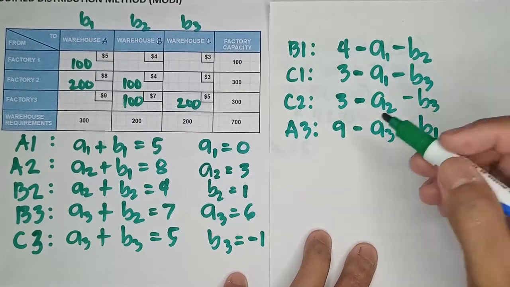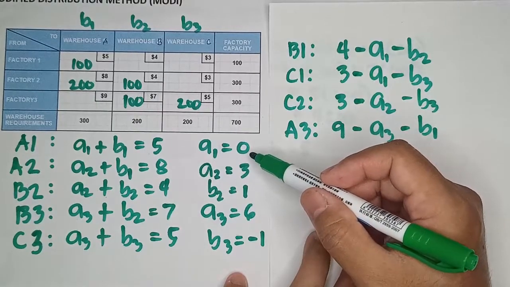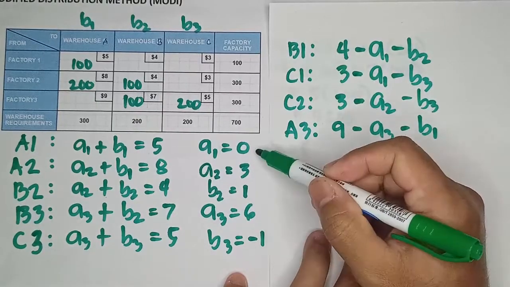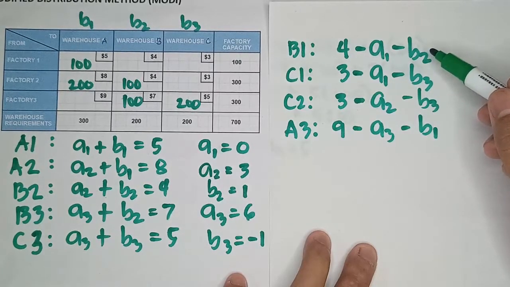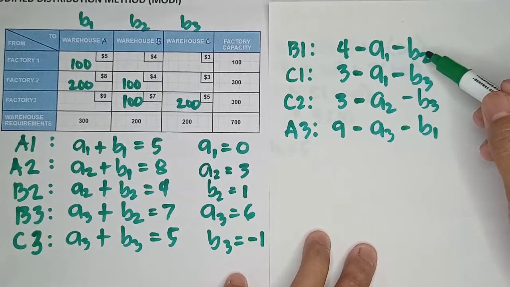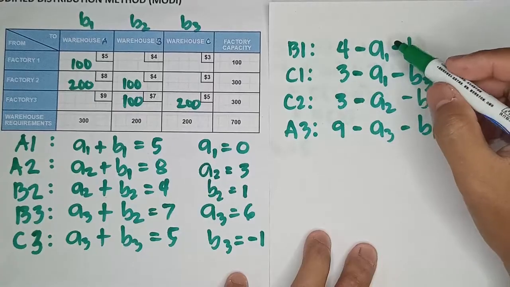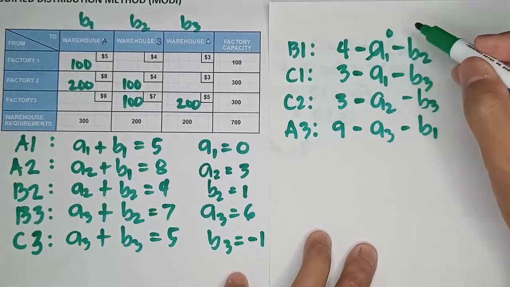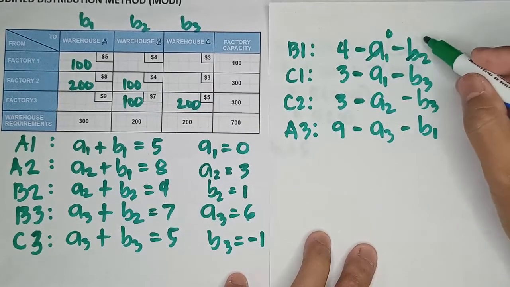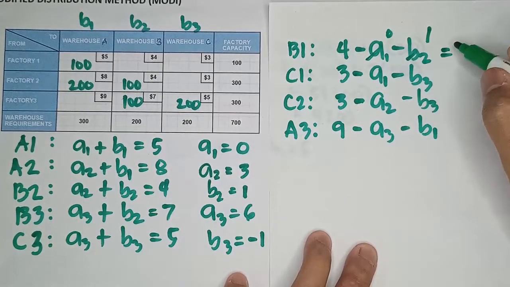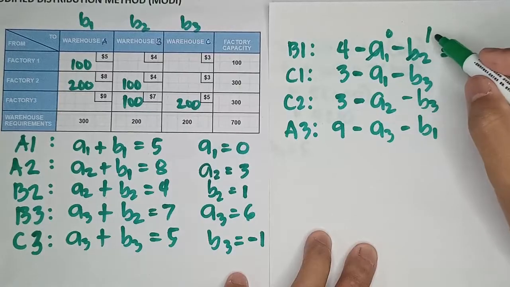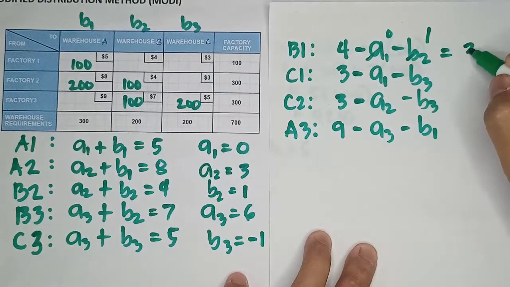Substituting the values obtained from these calculations into this new set of equations will give us the improvement index for each of the unused cells. For B1, A1 is equal to 0, B2 is equal to 1. Therefore, the value for B1 is 4 minus 0 minus 1 equal to 3.